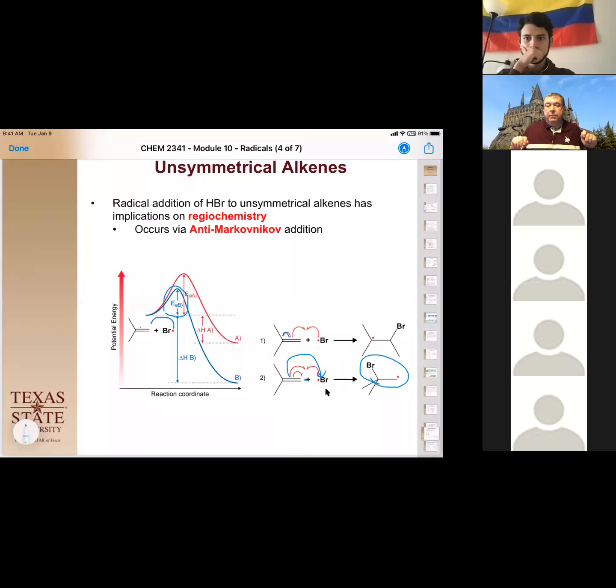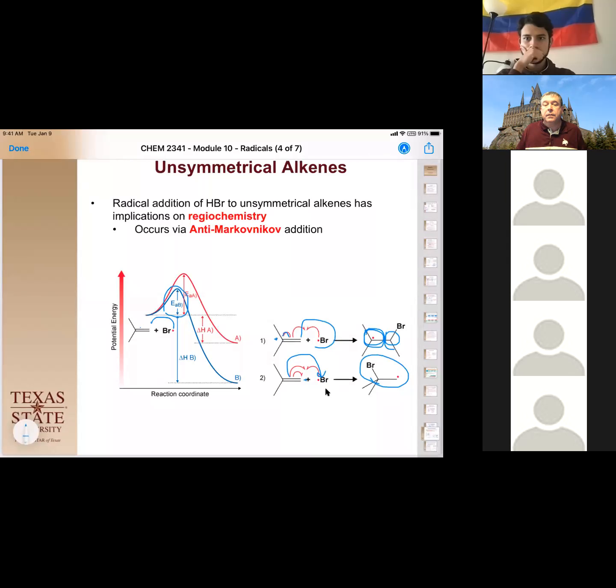So what does that mean? Which of these mechanisms has the lower activation energy? The one that has the lowest activation energy is the one that's going to form the more stable radical. So if we're forming the more stable radical, that is the tertiary. So we've actually added the bromine to the less substituted carbon. And it's all because it's a radical mechanism.